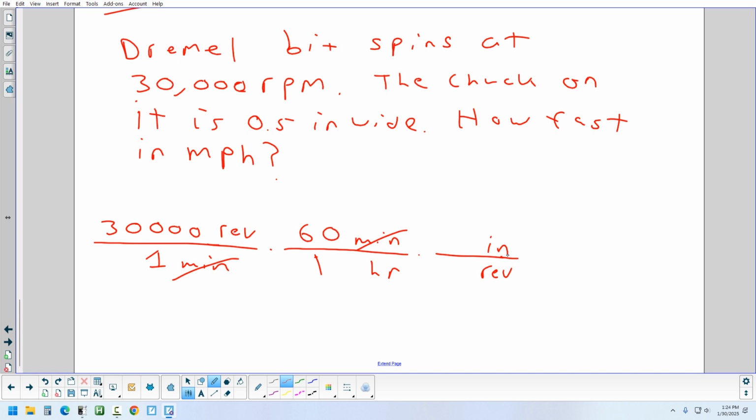Yeah. So the circumference is 2 pi r. I didn't specify here, but the chuck the whole thing is 0.5 inches. So that's the diameter. So what's the radius? 0.25. Right, so we'll say it's a 1/4 inch for the radius.